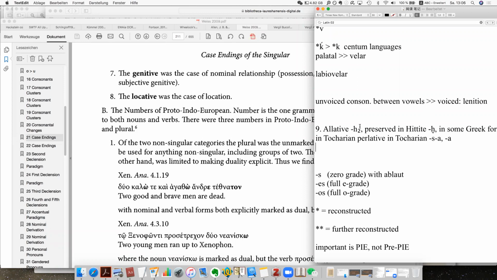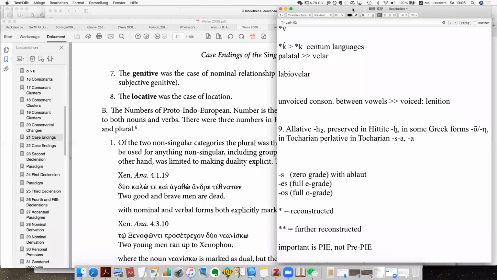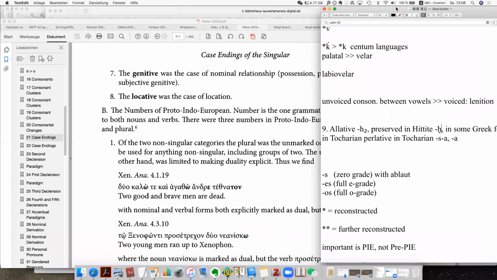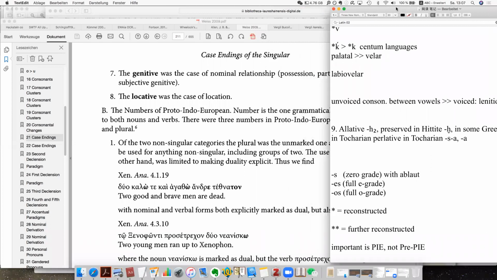After that, I mentioned that in Proto-Indo-European we have another case called allative, which is well preserved in Hittite, and also in Greek, and we probably have this allative also in Tocharian.